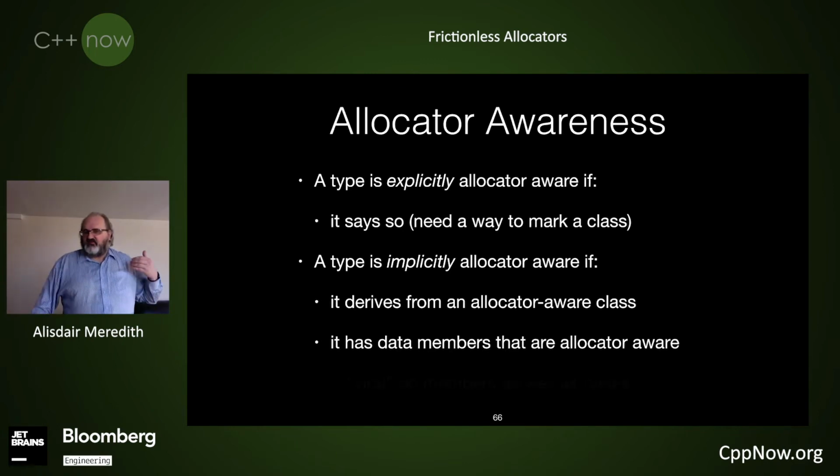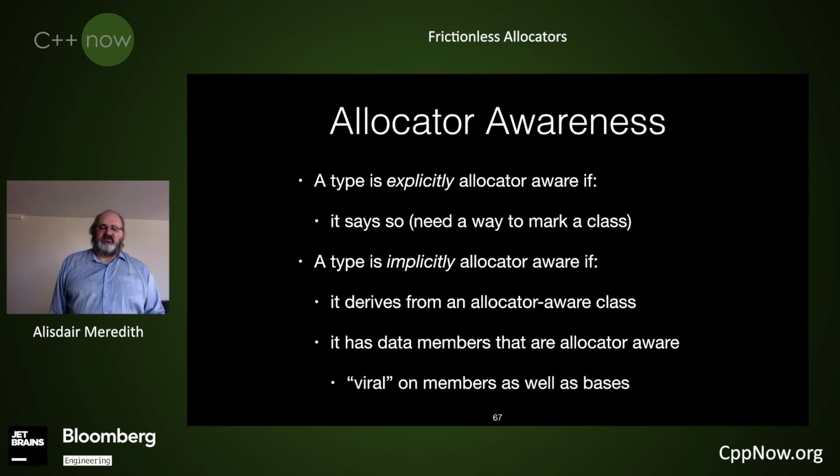So we would know that a type is explicitly allocator aware if it says so. We're going to have to find a way to mark the class and say, for this type, compiler generate all implicit stuff. I'm telling you this type is allocator aware. And the notion of simplifying the law at large, a type will be implicitly allocator aware if it derives from an allocator aware class, or it has data members that are allocator aware.